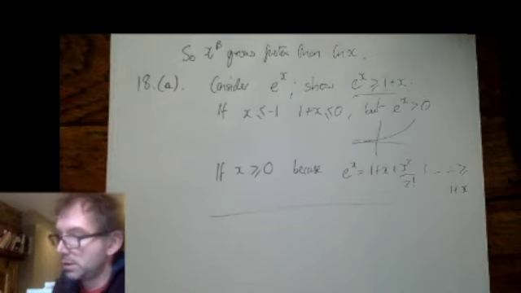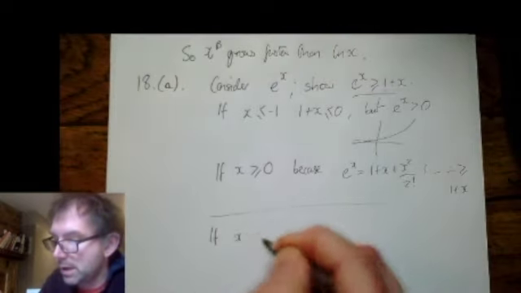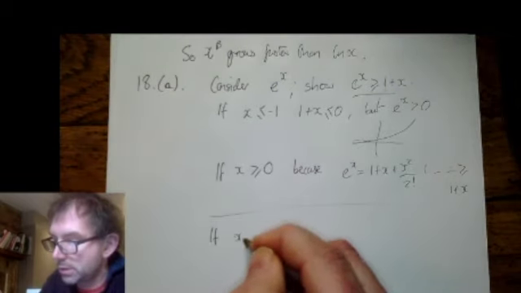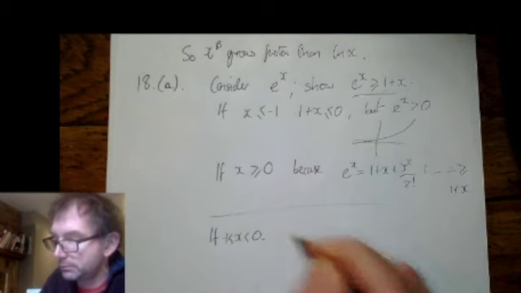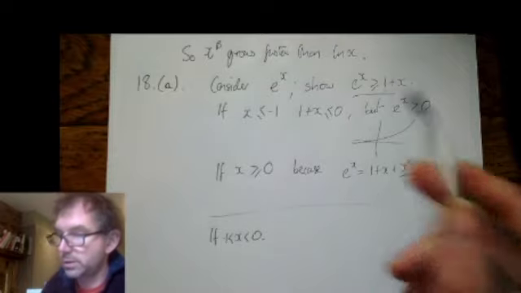So if x now, we can assume that it is between -1 and 0, then we want to see why this is still true.